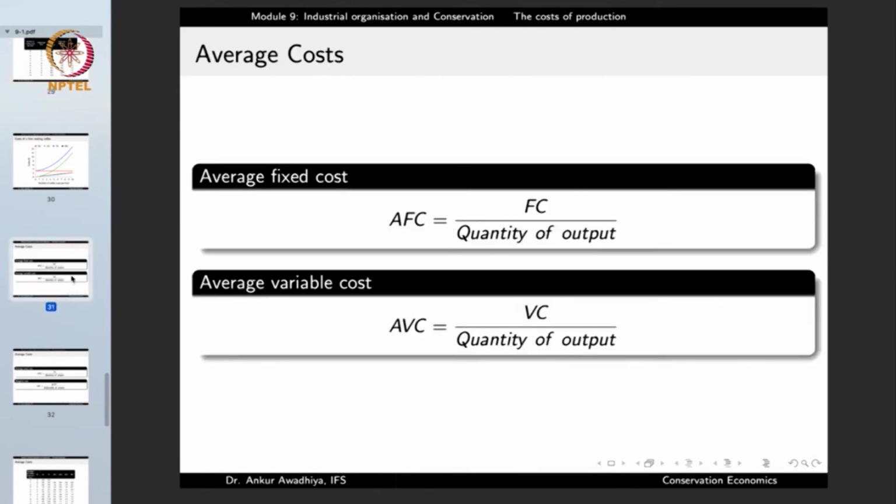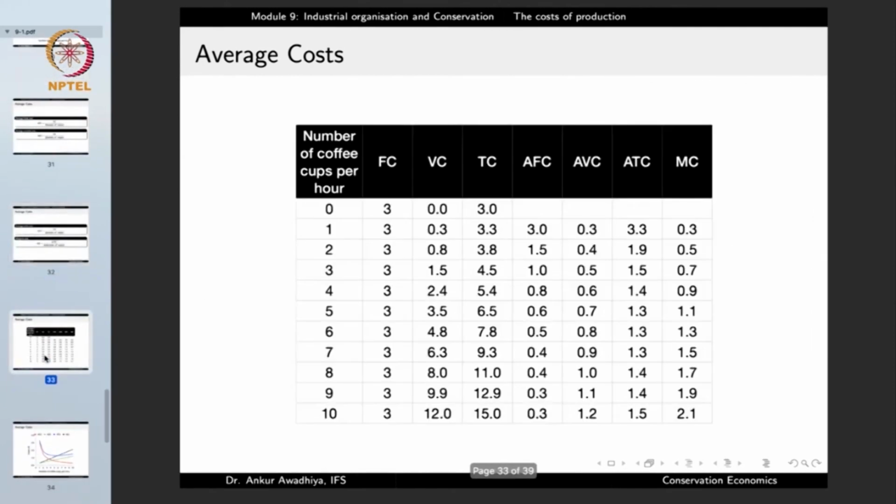Another one is average variable cost, which is the variable cost divided by the quantity of output. The third is the average total cost, which is total cost divided by the quantity of output. And the fourth is the marginal cost, which is the change in the total cost divided by the change in the quantity of output.